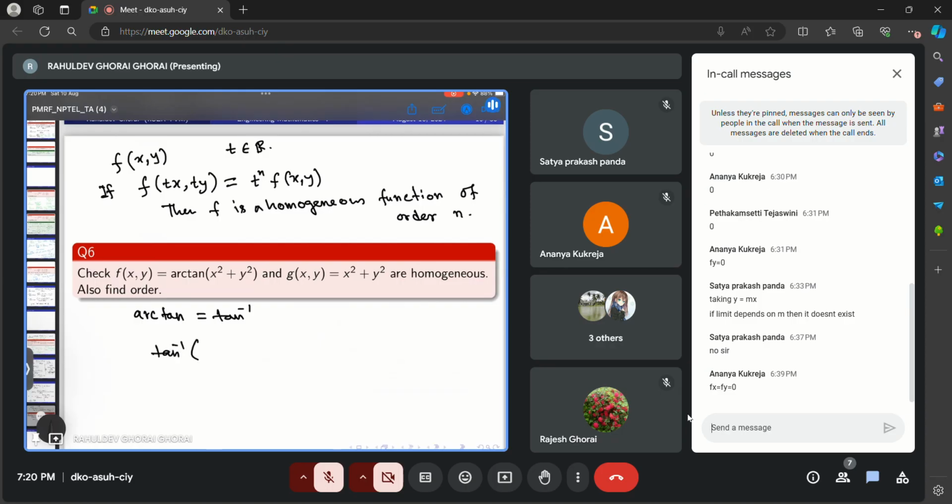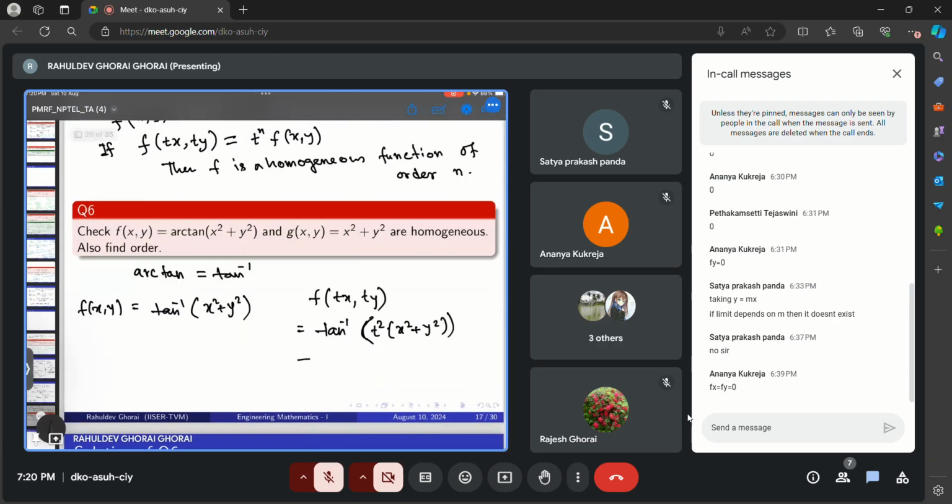So f of x, y is equal to tan inverse of x square plus y square. But if you take f of tx, ty, that will be tan inverse of t square x square plus t square y square.